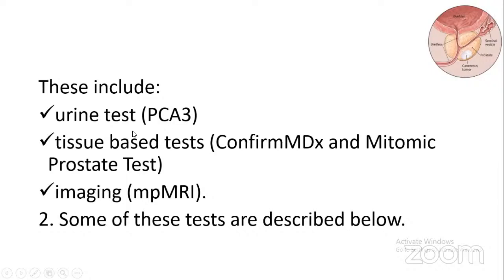This includes urine tests for the PCA3 gene, tissue-based tests such as ConfirmMDX and the Mitotic Prostate Core test, and imaging with multiparametric MRI. Some of these tests are described below.